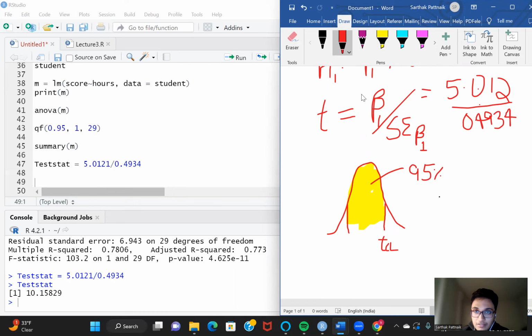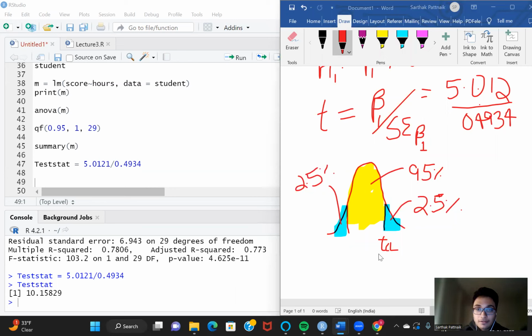These two areas combined are 5%. So each of these is going to be 2.5%. This is 2.5, this is 2.5. So my total area to the left of my critical t value is 95 plus 2.5, which is 97.5%. This is the probability to the left of my critical t value.